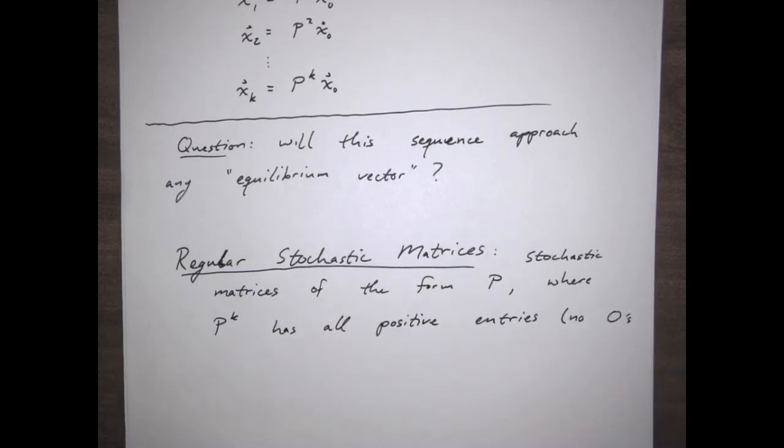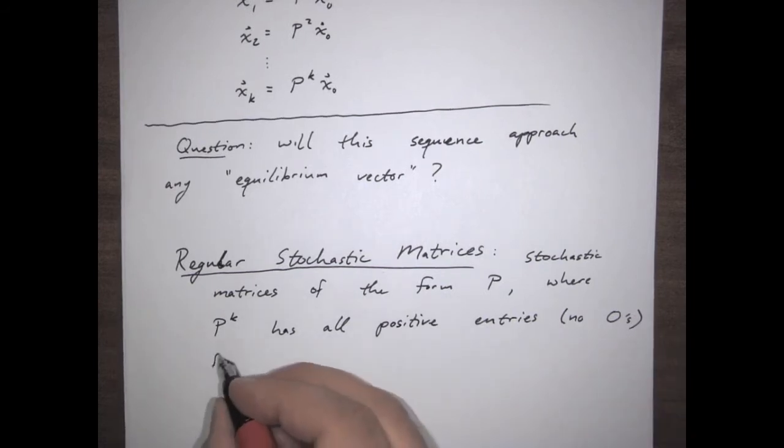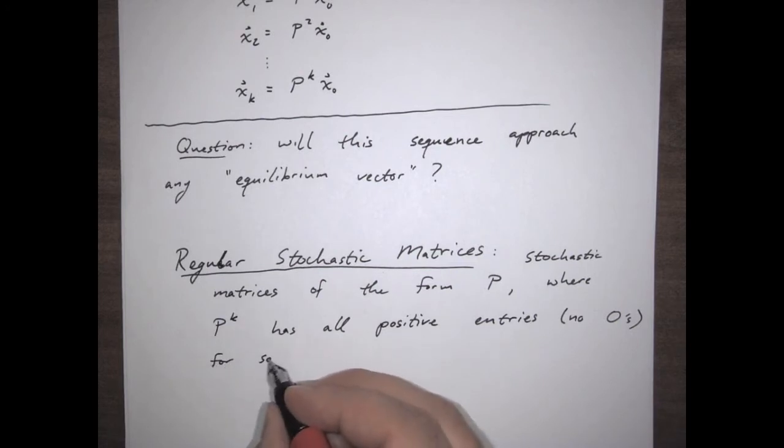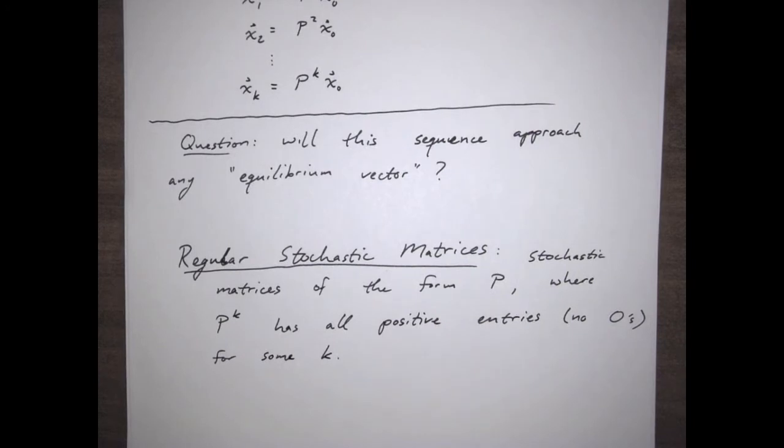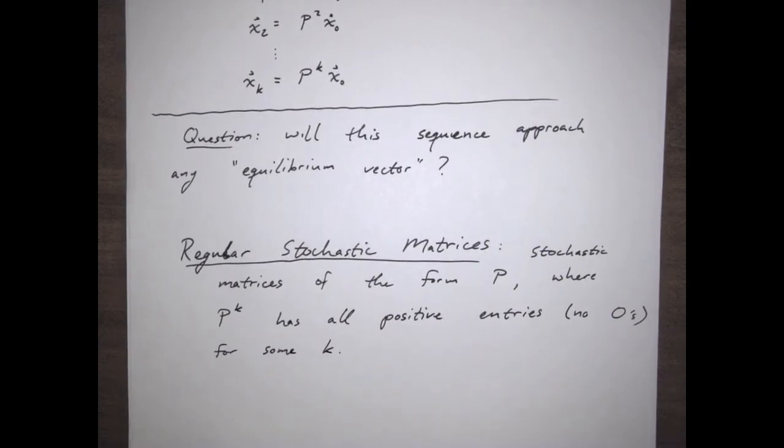A stochastic matrix always has non-negative entries, but it might have some zeros. So no zeros for some K. So if a stochastic matrix is regular, then what that means is that there is some power of P that does not contain any zeros.